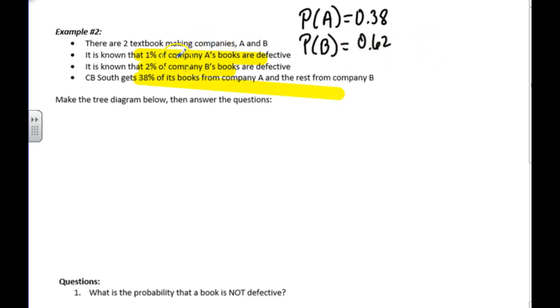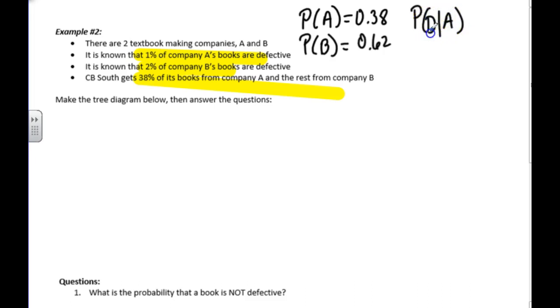Now let's look at this. It is known that 1% of company A's books are defective. So, given that it is company A, that lets me know that I'm dealing with a conditional probability. Anytime you say given that, that condition is going to be located to the right.